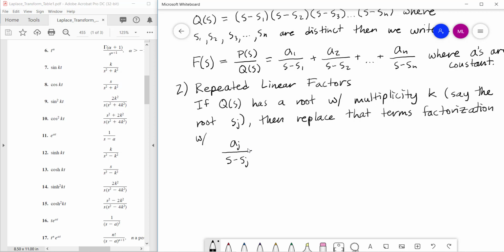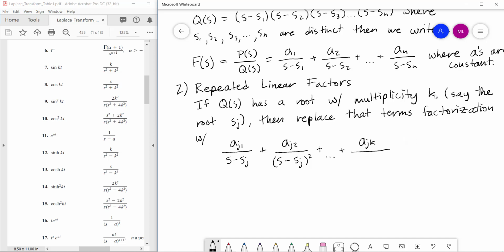So this is the first one that we'll look at. But we're going to write it as Aj1 plus Aj2, a different constant, but we're still associating it with the root j. But now we'll have s minus sj squared, and so on and so forth, all the way up to whatever the multiplicity is.